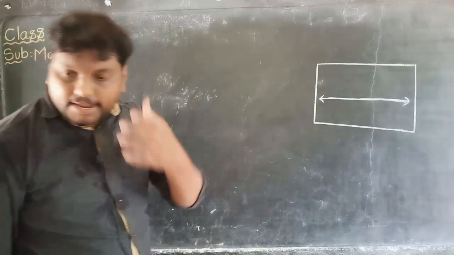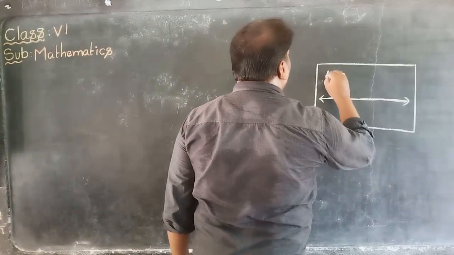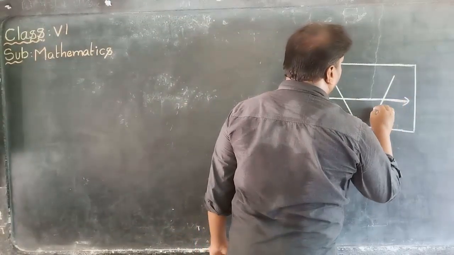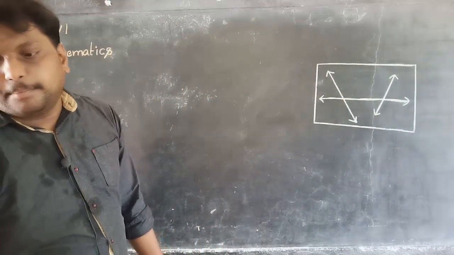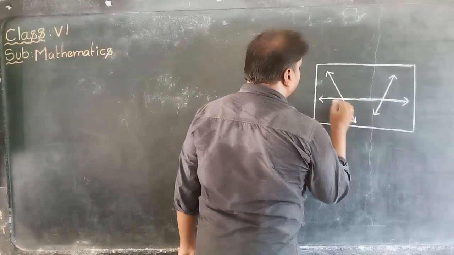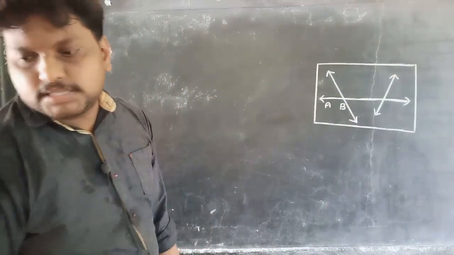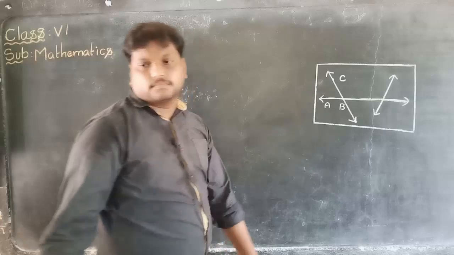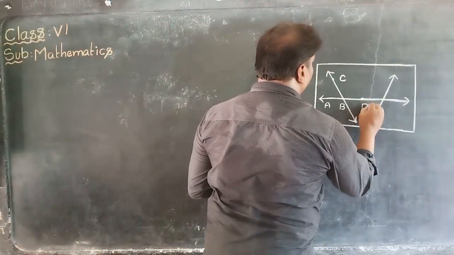One is a horizontal line and one more. Okay, now A, B, C, D. Here is the B, this is the A, next C, and the middle D.